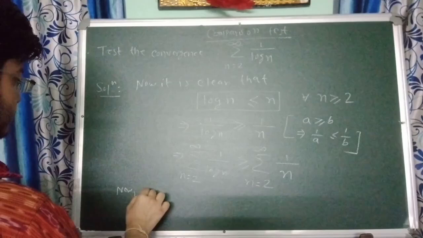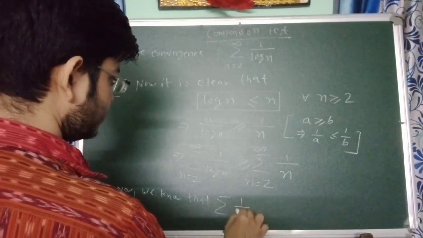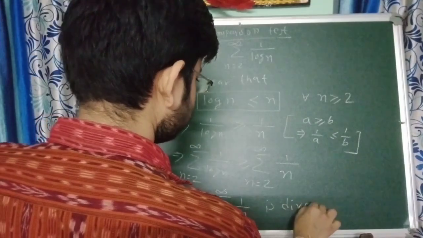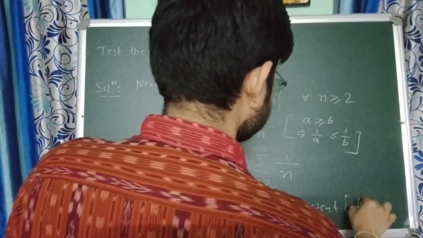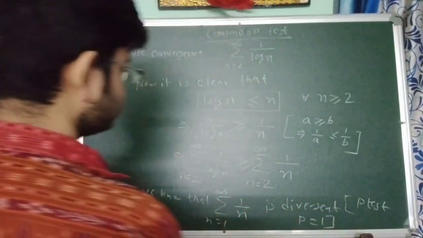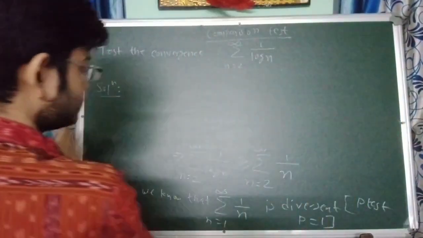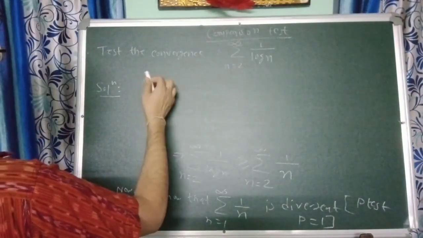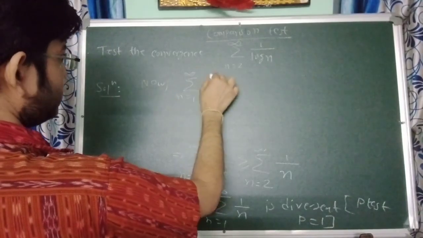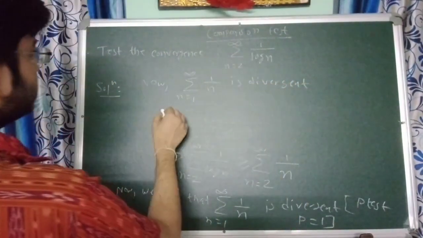Now we know that summation n starting from 1 to infinity of 1 by n is divergent by the p-test when the value of p equals 1. So this is divergent.